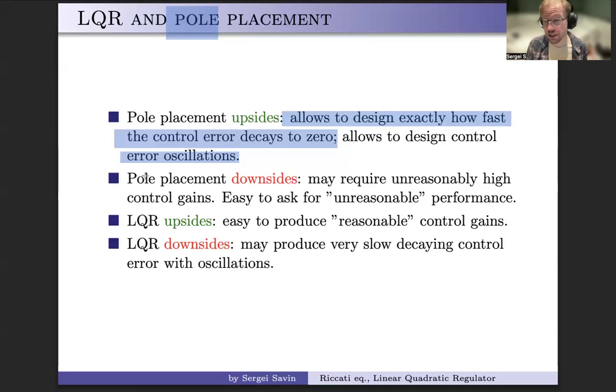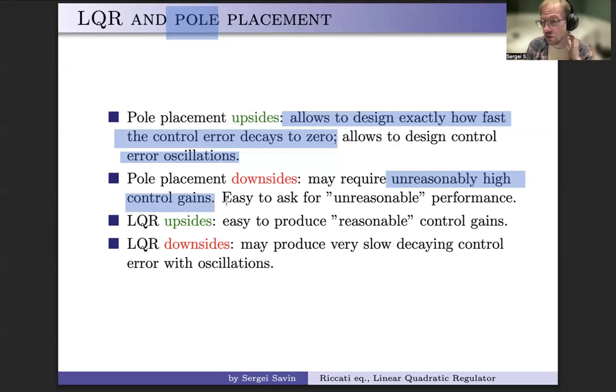Now, there are downsides to pole placement. If you ask for something bad, so something that the system has trouble producing, it would require unreasonably high control gains, right? So it is very easy to ask for bad things using pole placement. You would ask for something, and the system can either barely produce it or not produce it at all, and you'll get error.